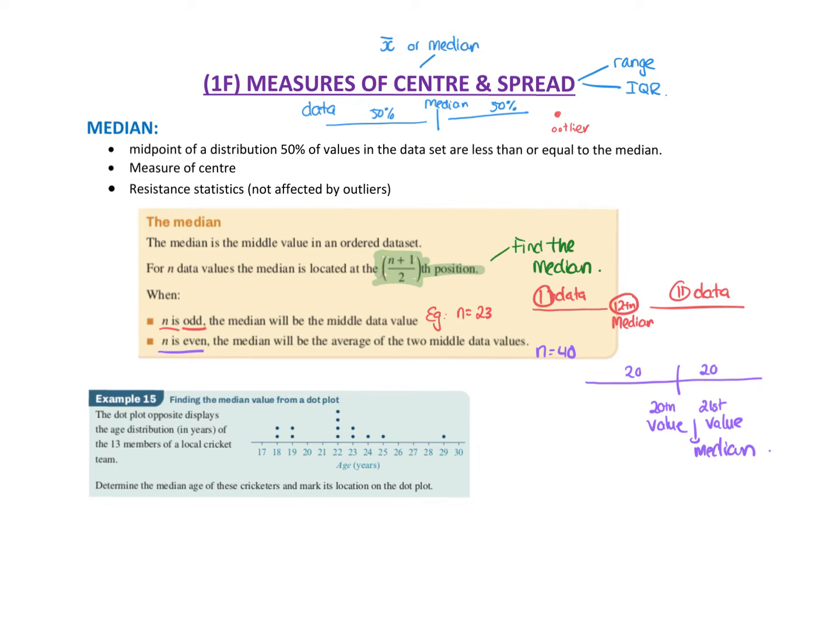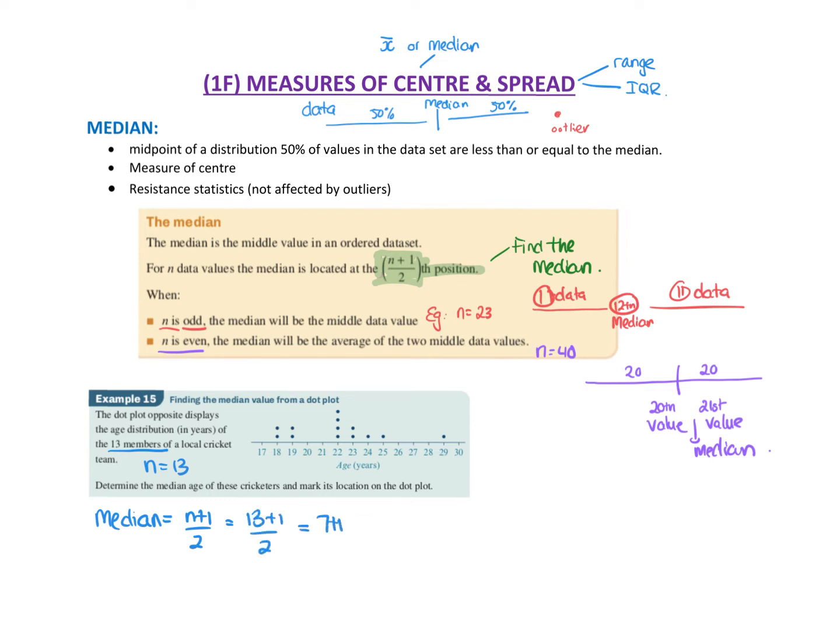All right, the dot plot opposite displays the age distribution of 13 members in a cricket team, so n equals 13. It says determine the median. We know the median is found at the (n+1)/2 position, so 13 plus 1 divided by 2.